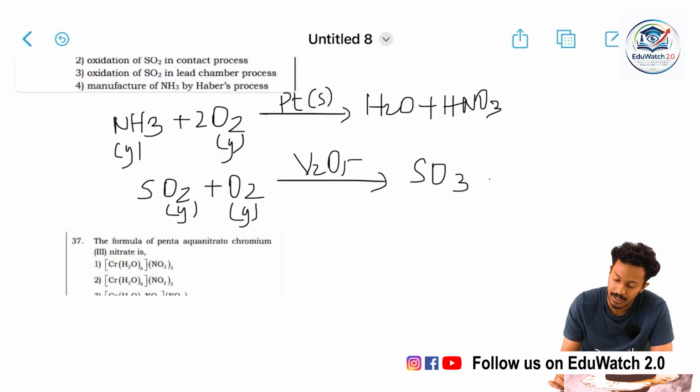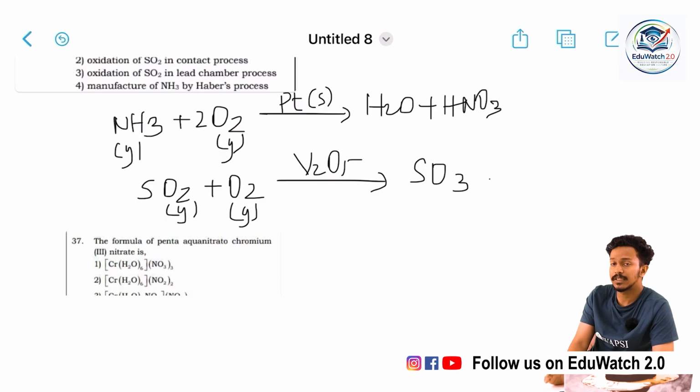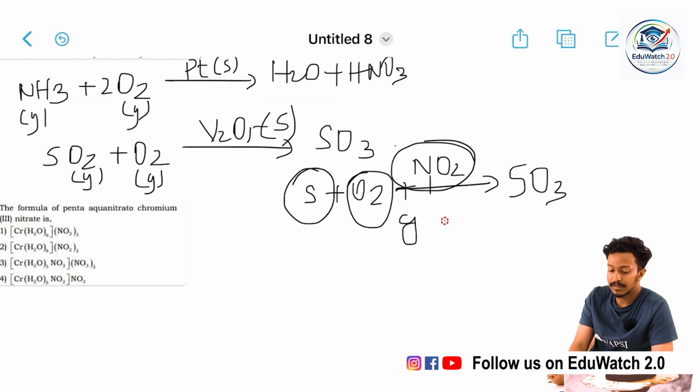Here NO2, oxygen and sulfur dioxide are all in the gaseous state, whereas vanadium pentoxide is in a solid state. We have discussed the first three reactions. The third reaction, the oxidation of sulfur dioxide in the lead chamber process, is the homogeneous catalysis.